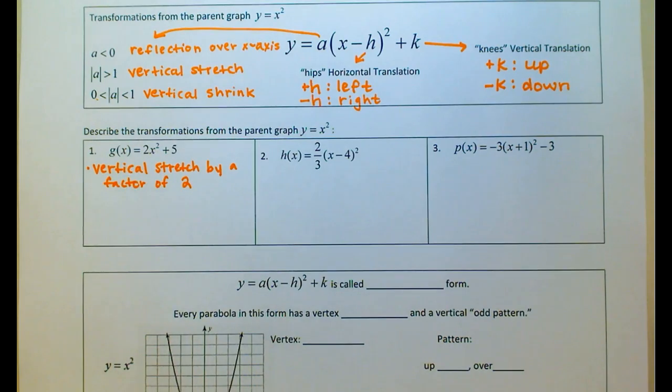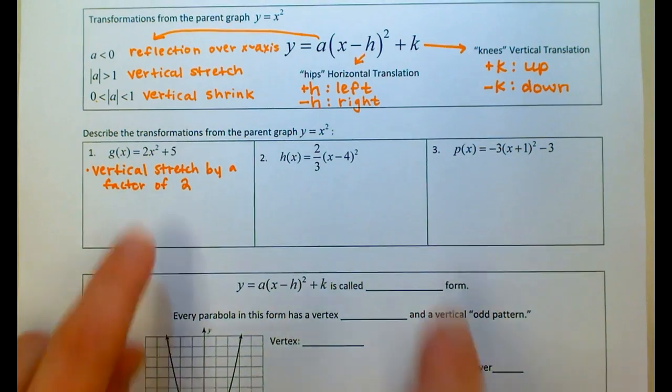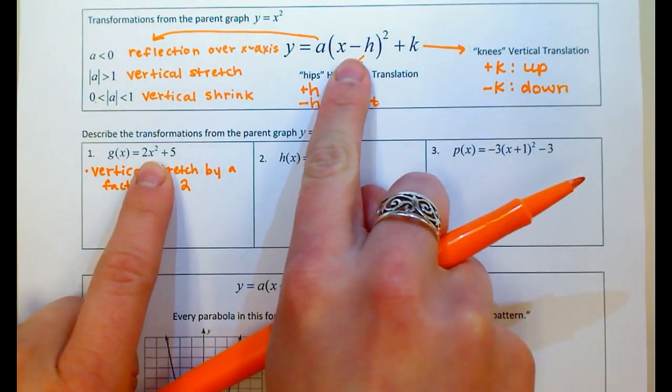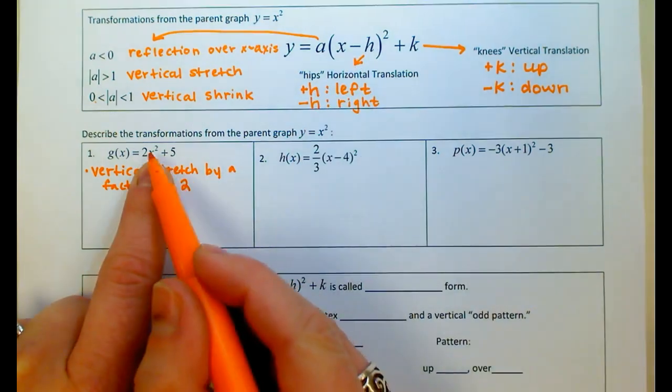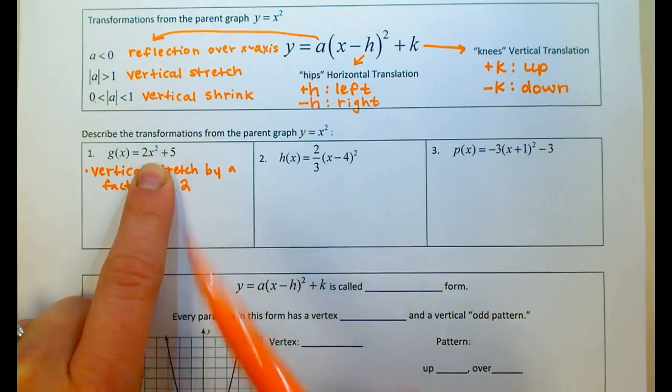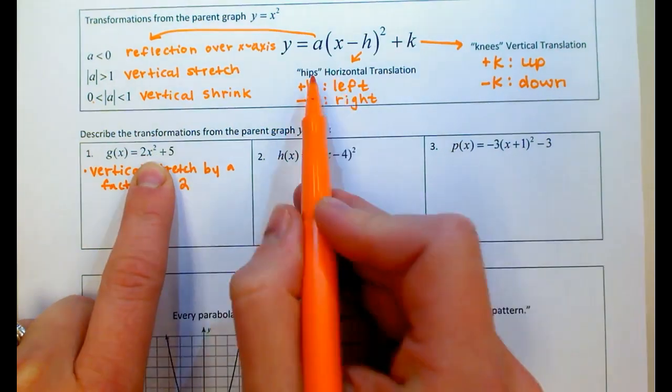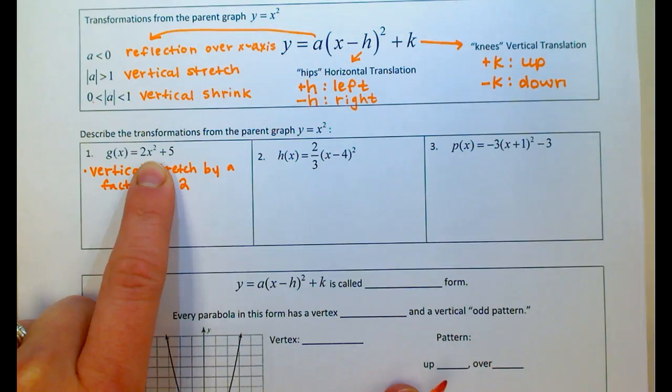Then if we look at our original problem, this had a parentheses with x minus h quantity squared. This one does not have a parentheses with x minus or plus a number, so we do not have a horizontal translation on this one.